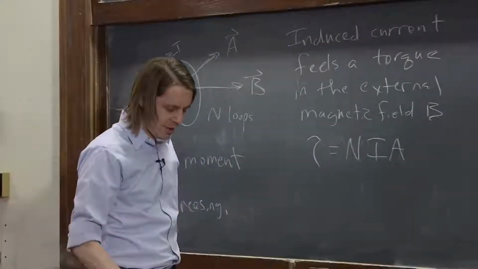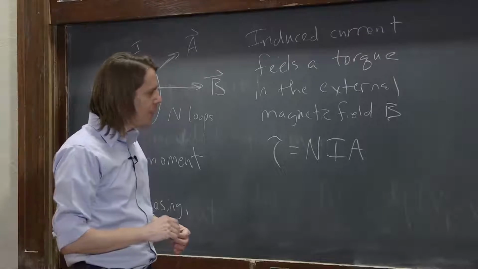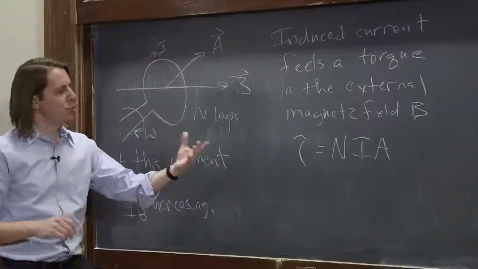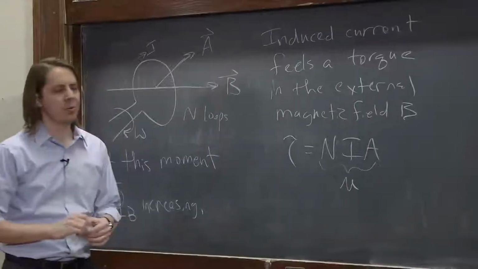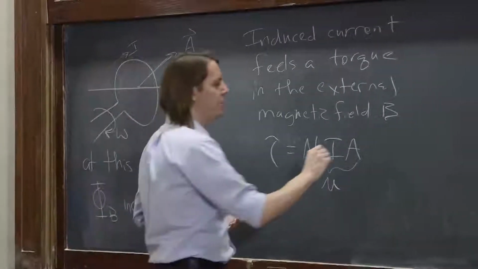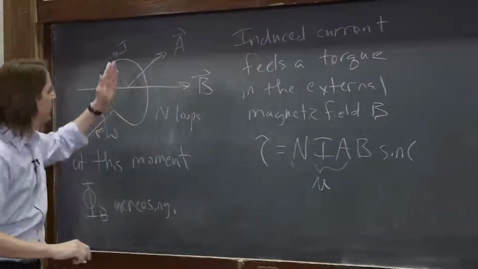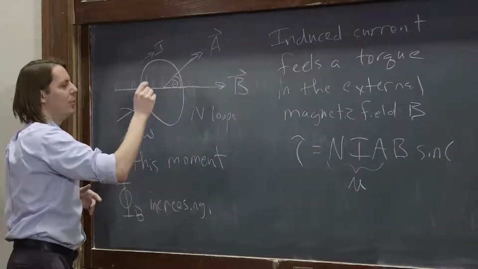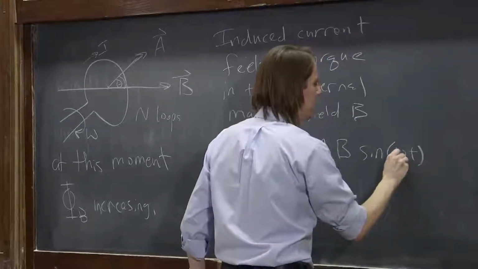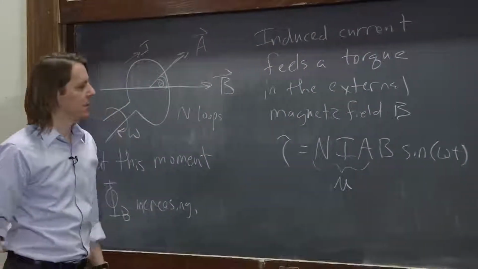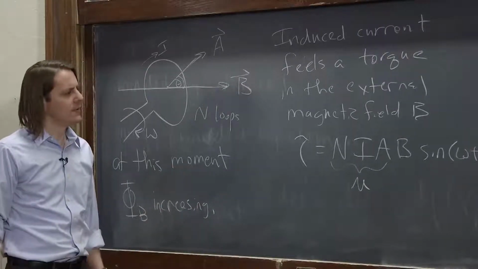And then for the torque, it's the magnitude of mu crossed with the B field. So we'll write it as mu B sine theta. Theta is the angle between them, but we know theta is omega t. So we'll write sine omega t. So that's how the torque will vary in time and with all the amplitudes.